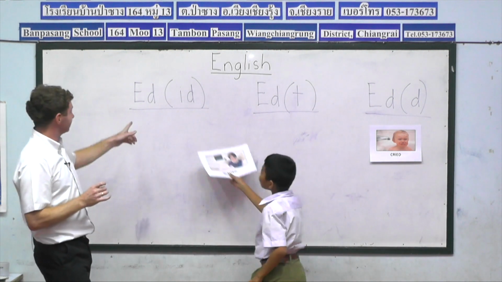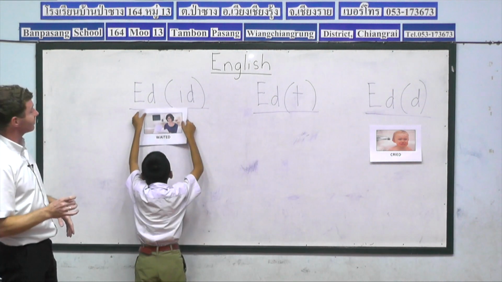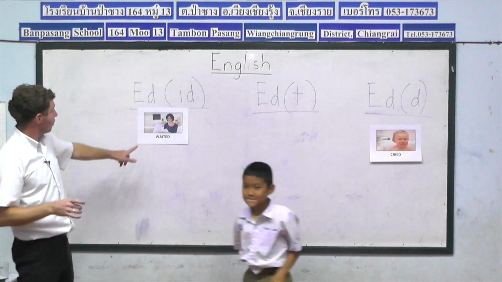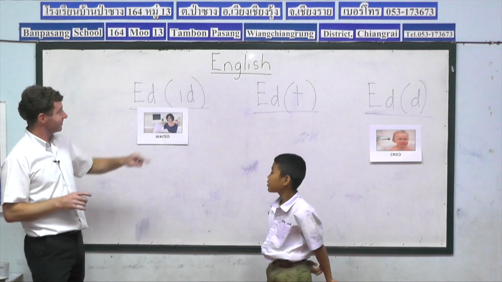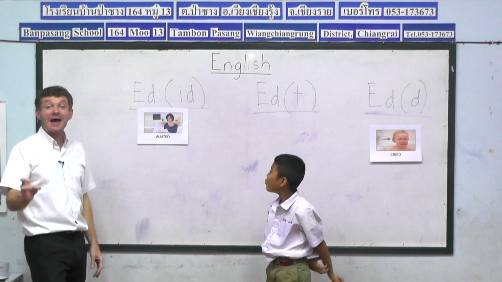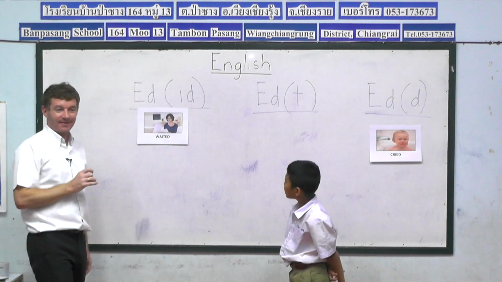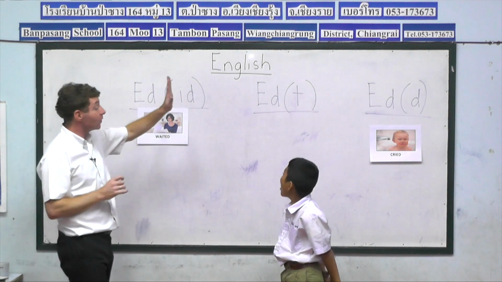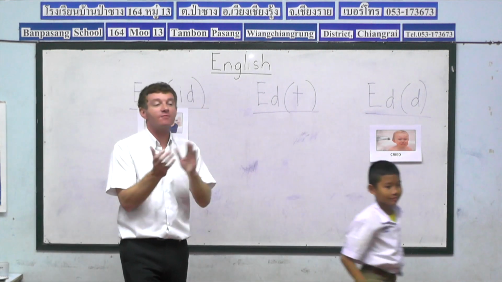Waited. Yes, we put it into this column here because the final sound is like ID. So once again, Bangbon, waited. All together, guys, waited. And that's the correct sound of the ED here. Bangbon, well done. High five. Big round of applause for Bangbon.